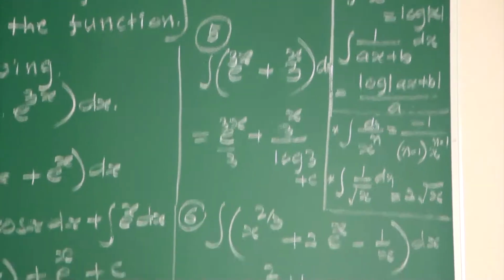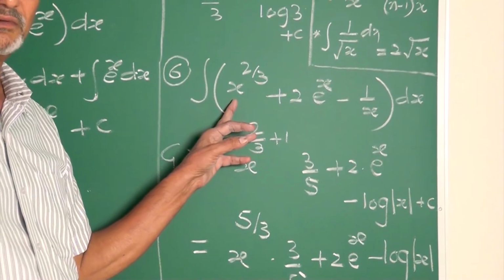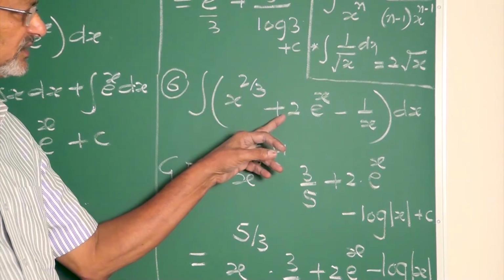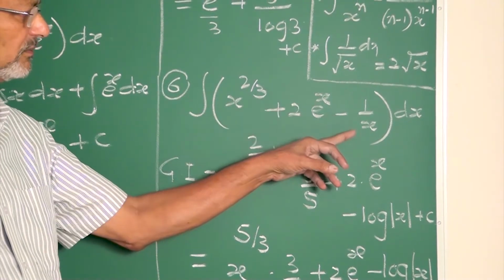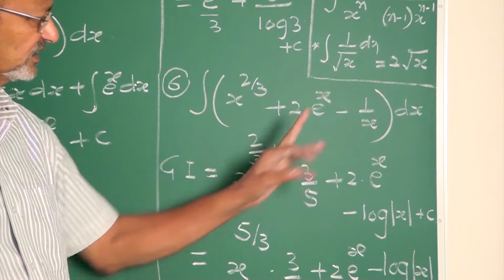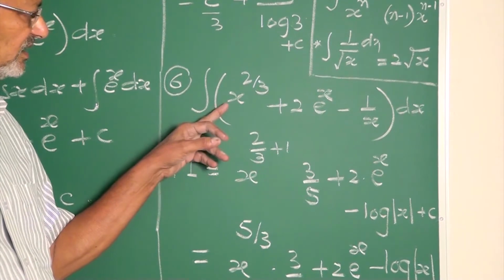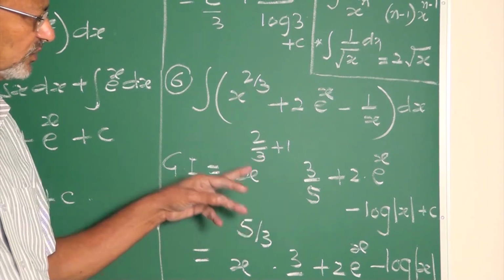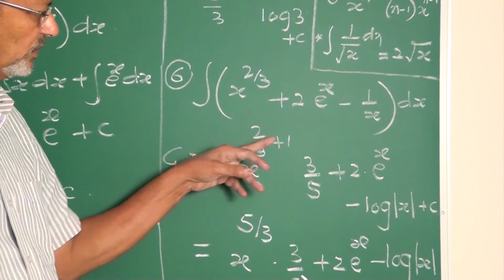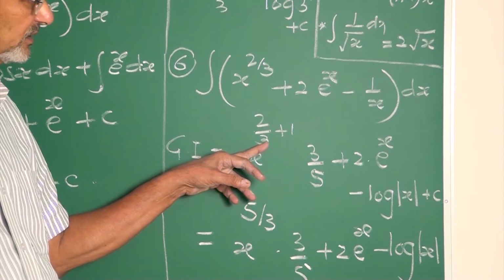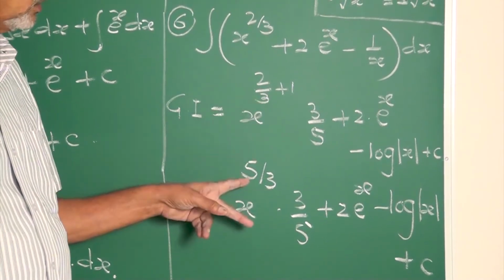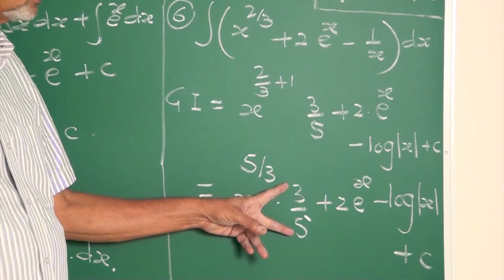Sixth one. Sometimes they take a fraction, my friends: integral of x to the power 2 by 3 plus 2 into e to the power x minus 1 by x dx. Given integral of first, n plus 1 upon n plus 1. What is n plus 1? 2 plus 3, 5 upon 3. Upon means reciprocal, so the reciprocal of 5 upon 3 is 3 by 5.